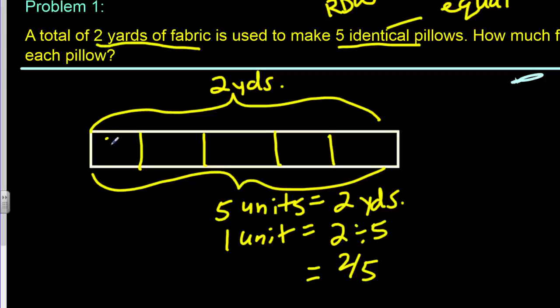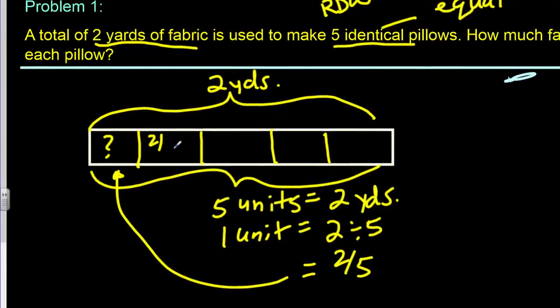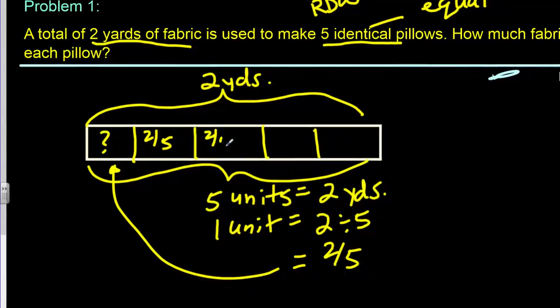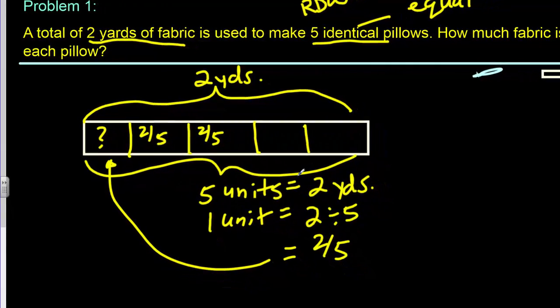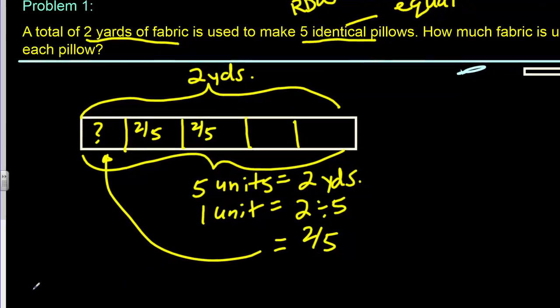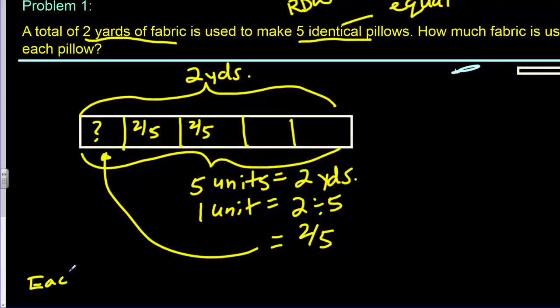And this became that little 1 unit that we didn't know. So 1 unit is 2/5, and each unit here is also 2/5. I could write them into all the boxes, but I'll stop right there. So now I can say that each pillow uses 2/5 yards of fabric.